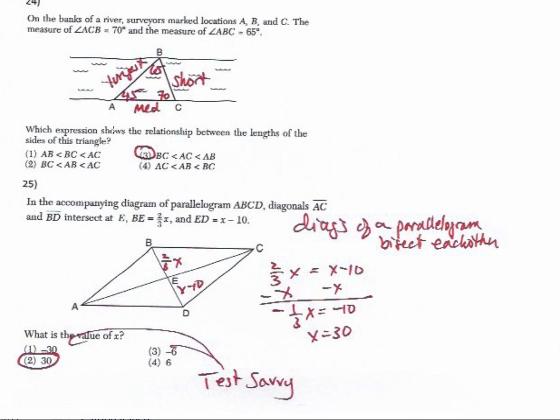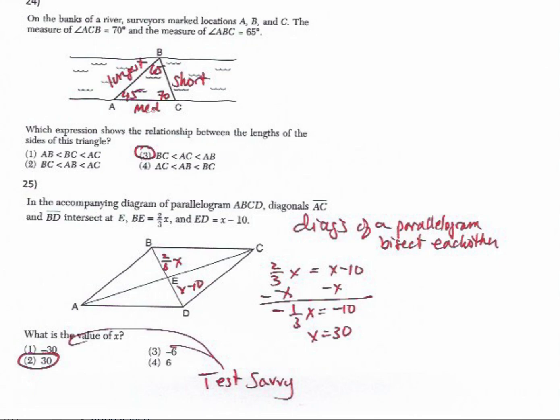I'll shut up now. On the banks of a river, surveyors marked locations A, B, and C. The measure of angle ACB is 70. The measure of angle ABC is 65. And using the fact that the three angles of a triangle add up to 180, the missing one is 45. So the shortest side will be BC because that's across from the smallest angle. The longest side will be AB because it's across from the biggest angle.